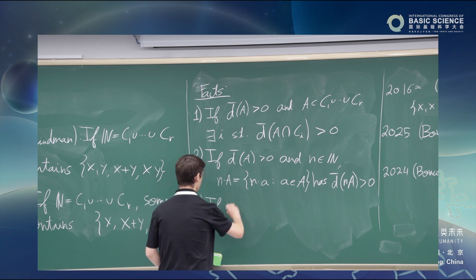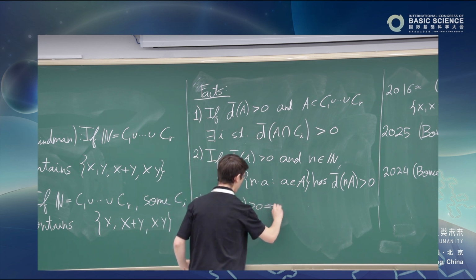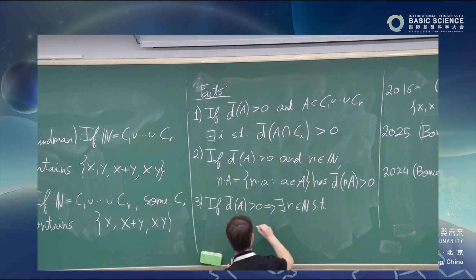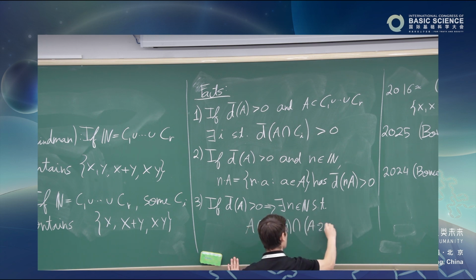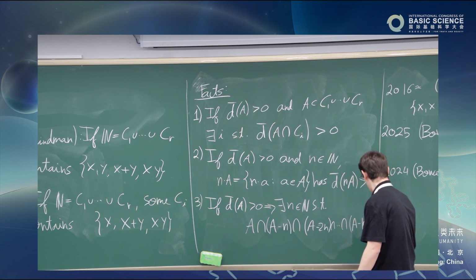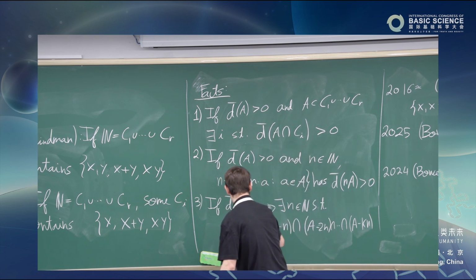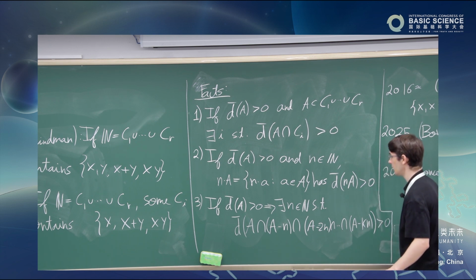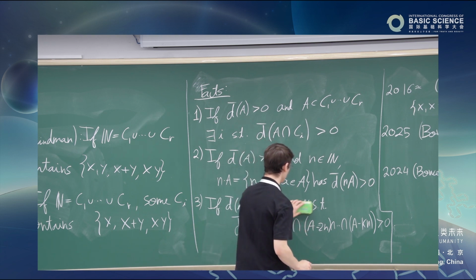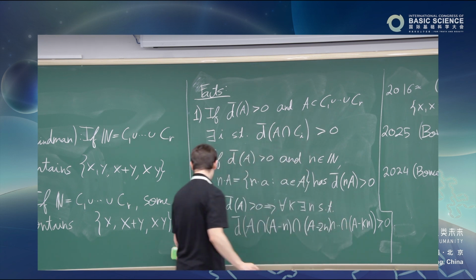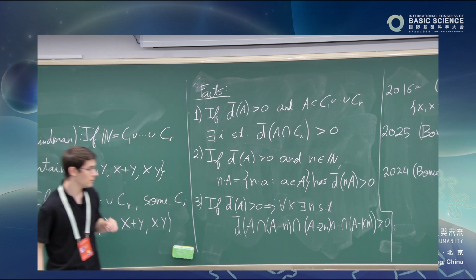So if the density of A is positive, then for every k there exists some n such that A minus n, minus 2n, up to A minus kn is non-empty, and in fact has positive density.